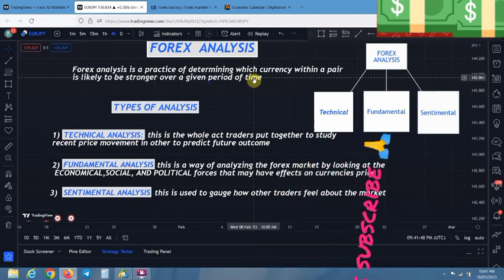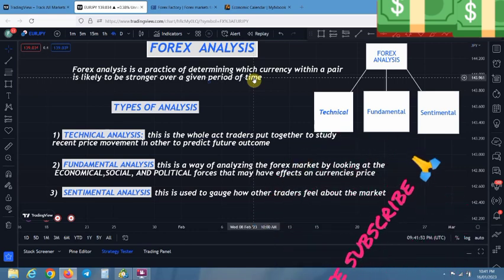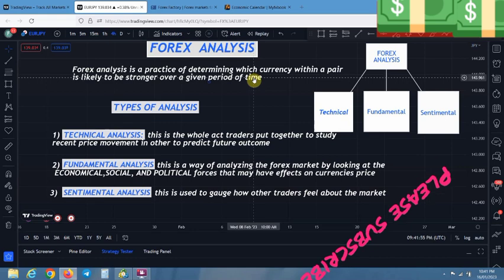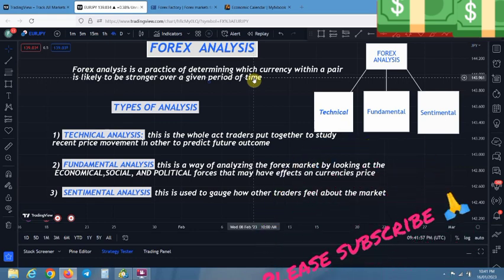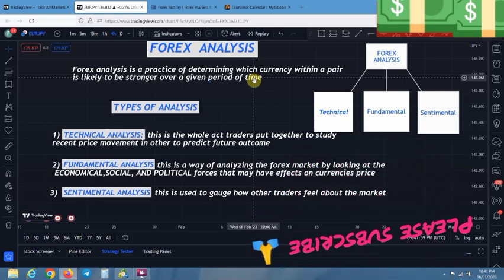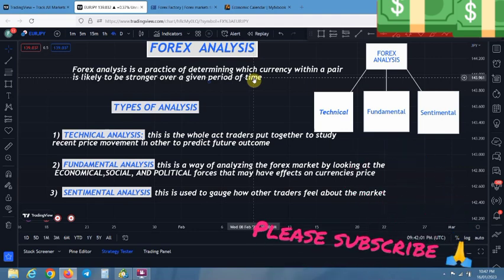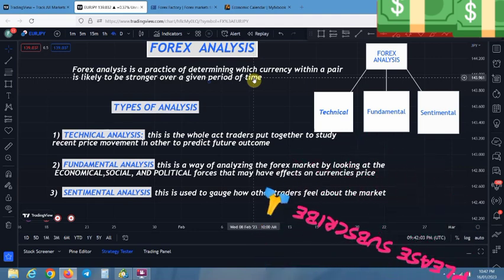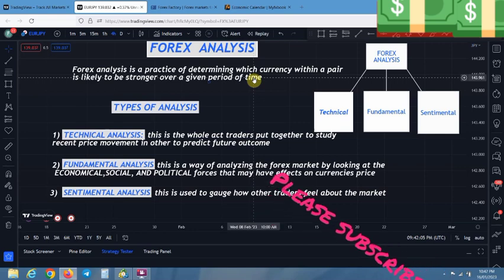So analyzing the market is a practice of determining within those two currencies, because before a forex trade can take place, two currencies must be in place, right? You'll be buying one and simultaneously selling the other one.